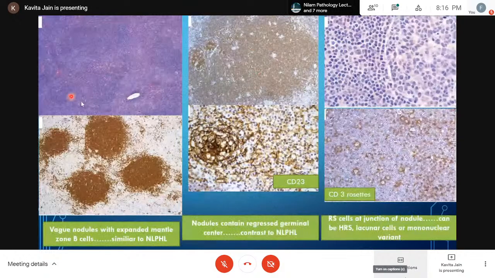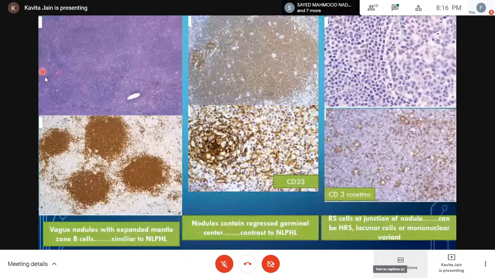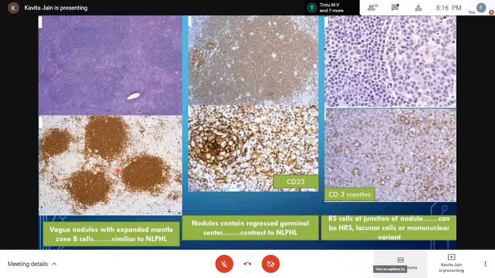So again, these are closely packed nodules. As I told you, NLPHL is one of the close differentials in this. We rule out nodular sclerosis because we don't see any collagen bands here. Then when we put the IHC, we see vague nodules with expanded mantle zones, which is a similar feature to NLPHL.